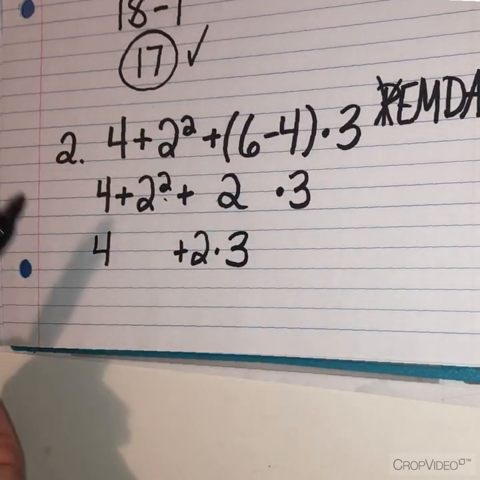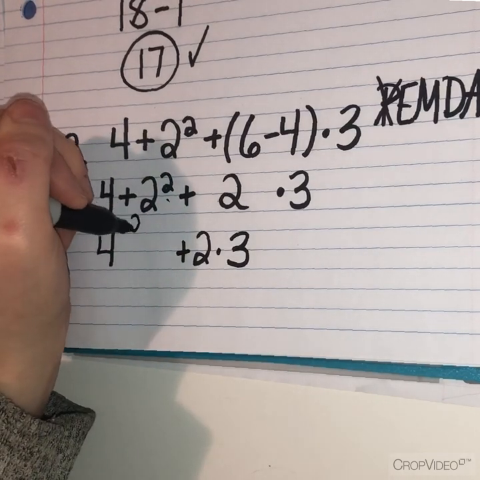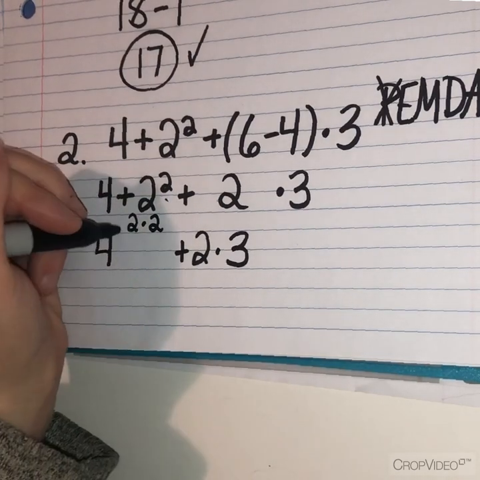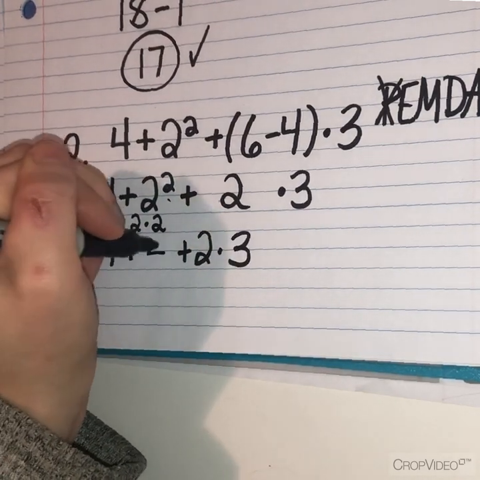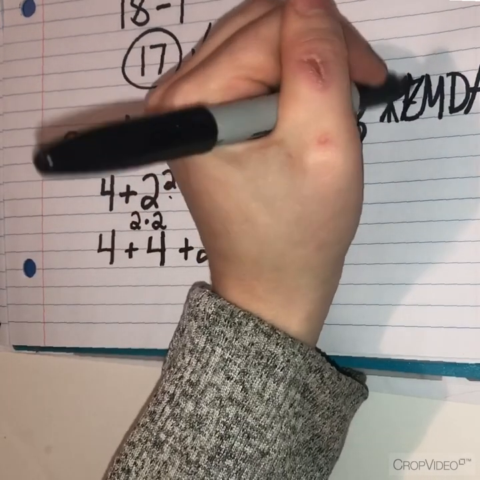So we have positive 2 squared. In other words, this is 2 times 2, which gives us positive 4. All right, so we already see our problem just got a lot easier.